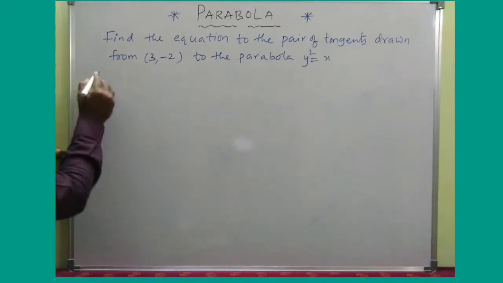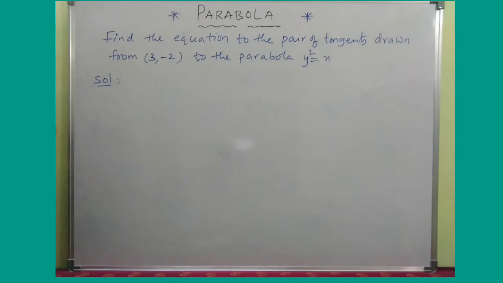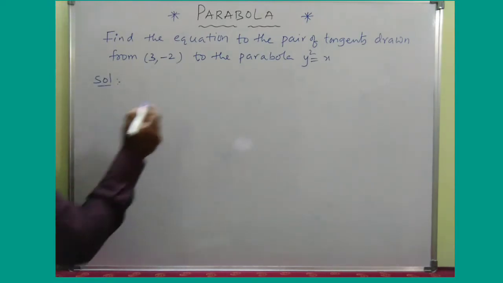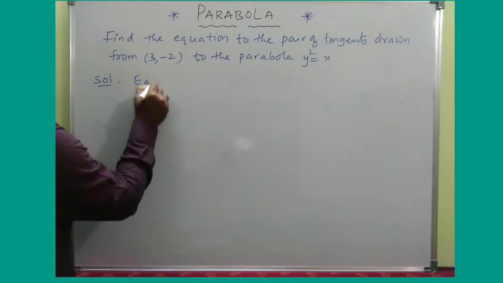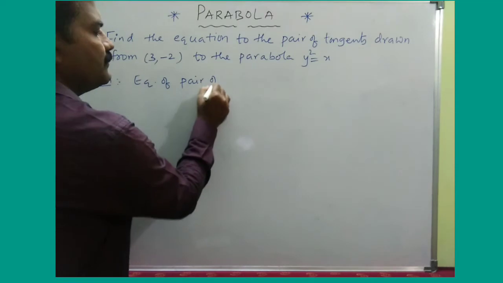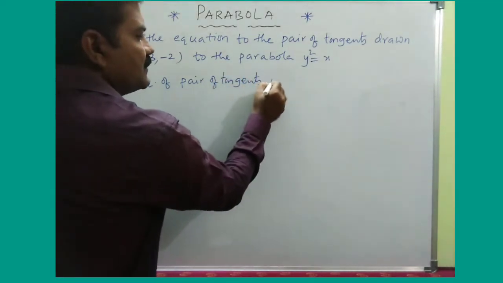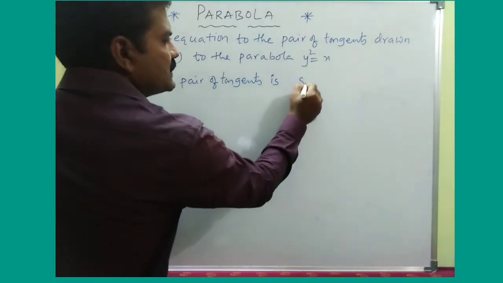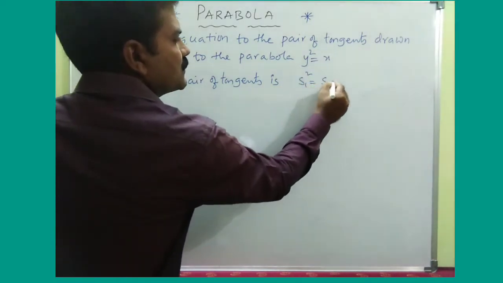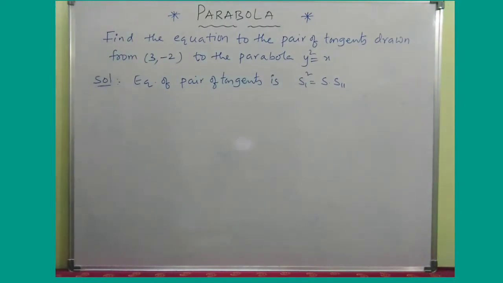In the last video we already derived the formula for the equation of pair of tangents. What is it? The equation of pair of tangents is S1 square is equal to S into S11, right?